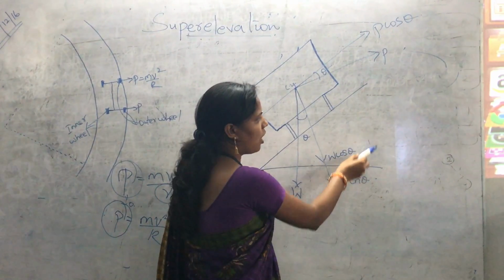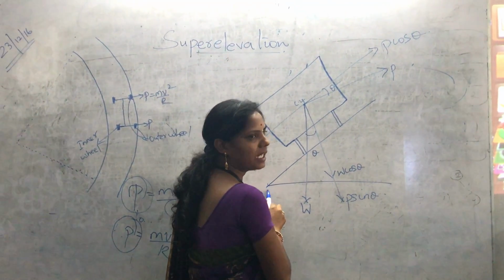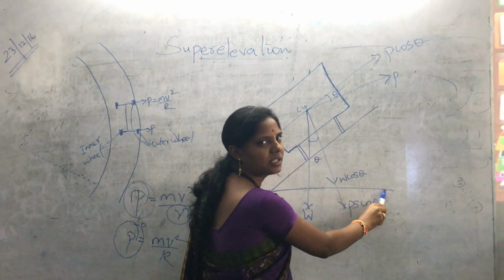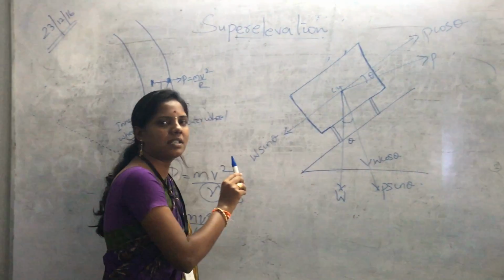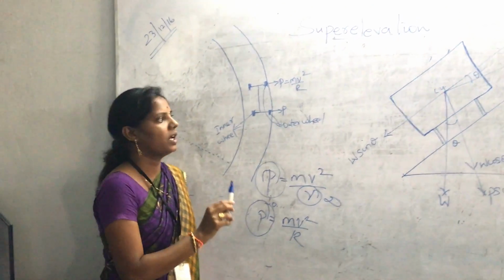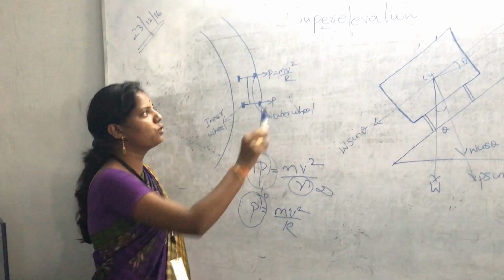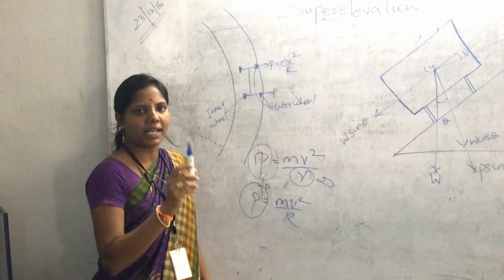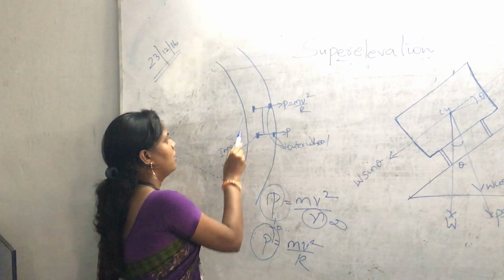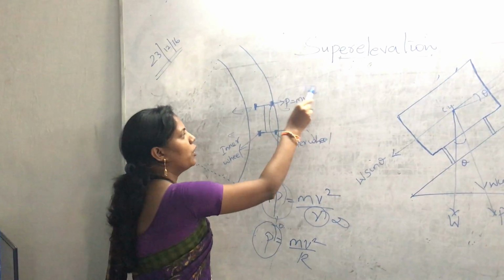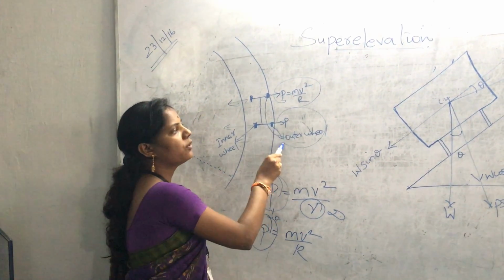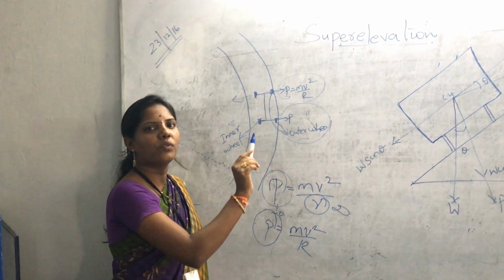The rising of the outer edge with respect to the inner edge along the transverse direction is called the superelevation, which is nothing but the transverse slope. The main aim of introducing the superelevation is to develop the centripetal force, in order to counteract the centrifugal force and eliminate the overturning and the skidding effect.